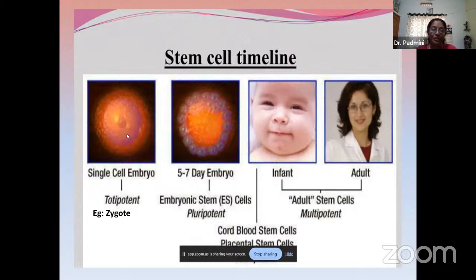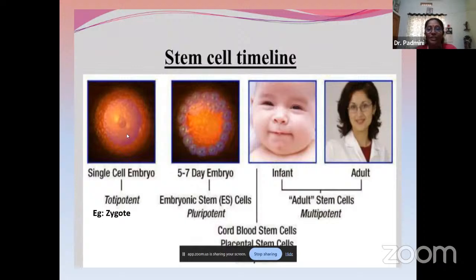So that's why nowadays we have come across a lot of cord blood banks, where once the child is born, within 15 minutes the blood is collected and stored as cord blood cells in the banks, so that whenever the child needs its own cells for growth of different cell types, this can be used. In the same line, the placental stem cells can also be taken out, so that you can do some research work. So that is multipotent stem cells.